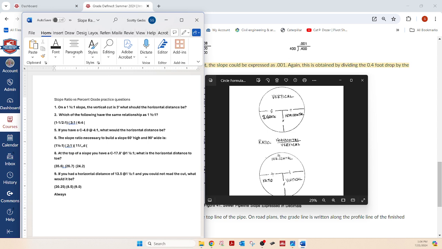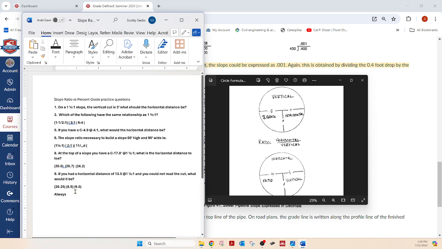So this tells us to take 13 and a half and divide it by 1.5, which is the ratio. I'm going to do that. 13.5 divided by 1.5 equals 9. And look here.